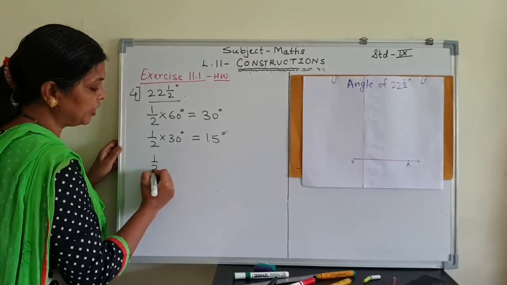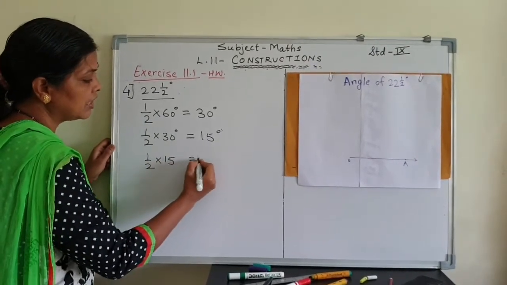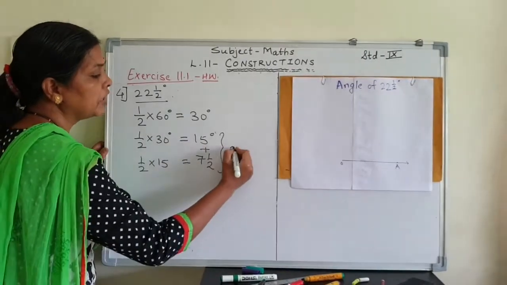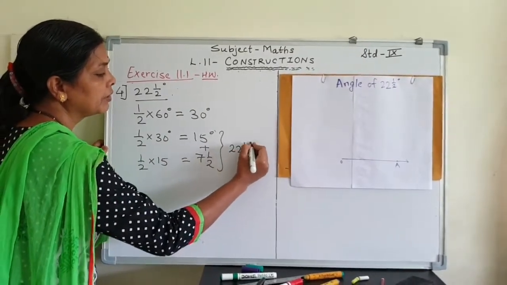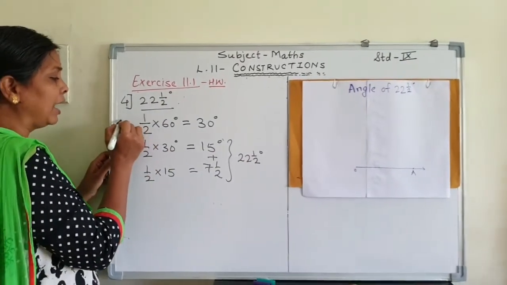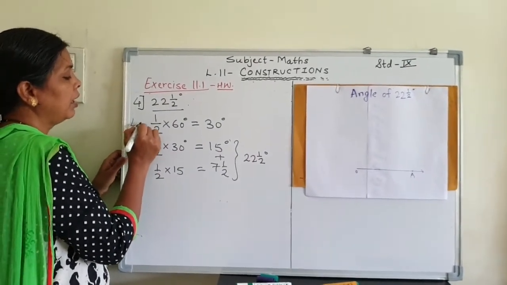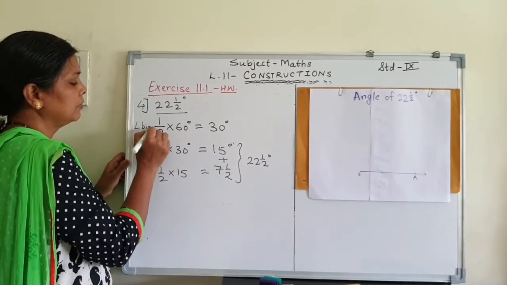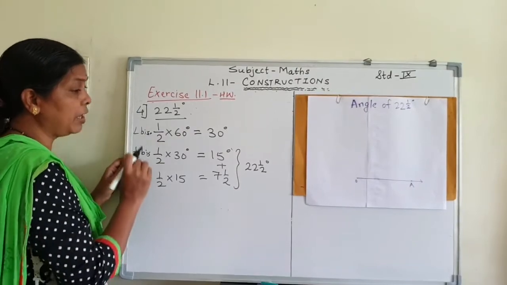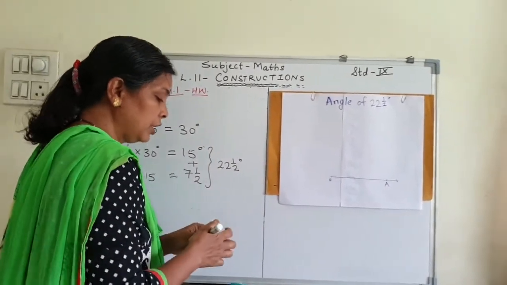Now half of 15 degrees is 7.5 degrees. Now if you add these two, we get 22.5 degrees. So how many angle bisectors do you draw? This one time, this one time, and then this is the third time. So you have to draw 3 angle bisectors here.